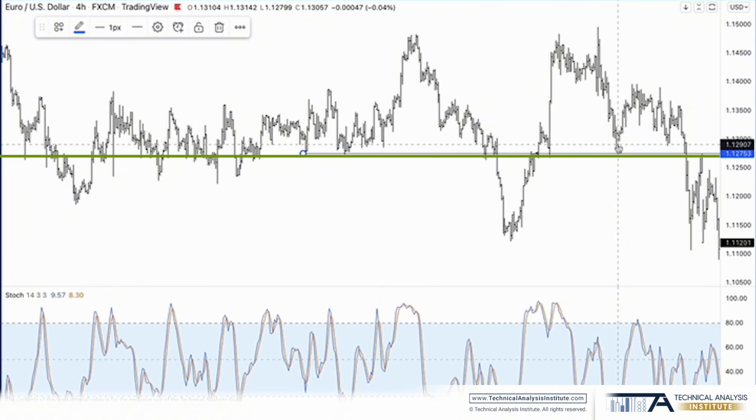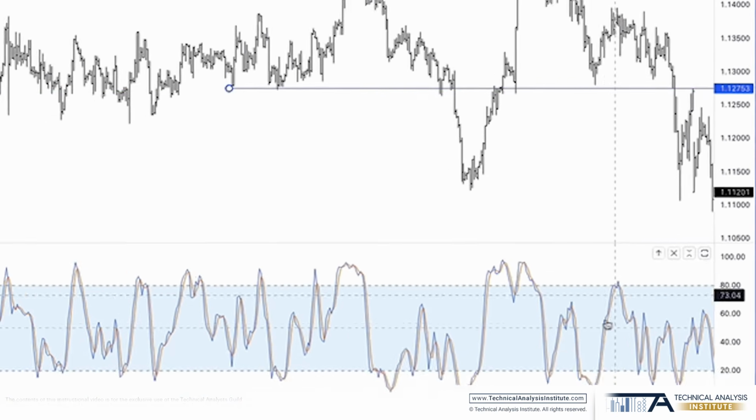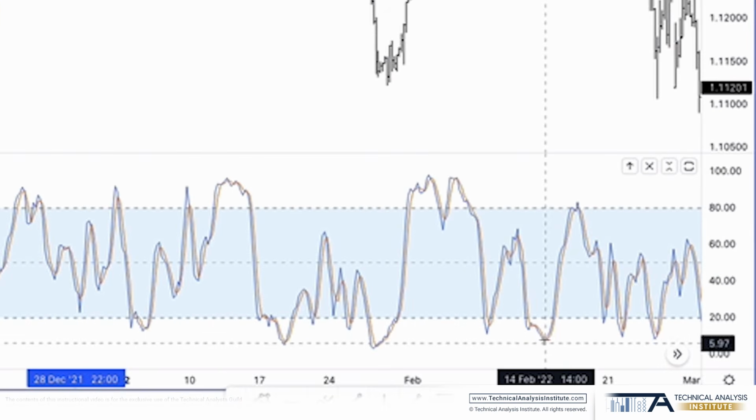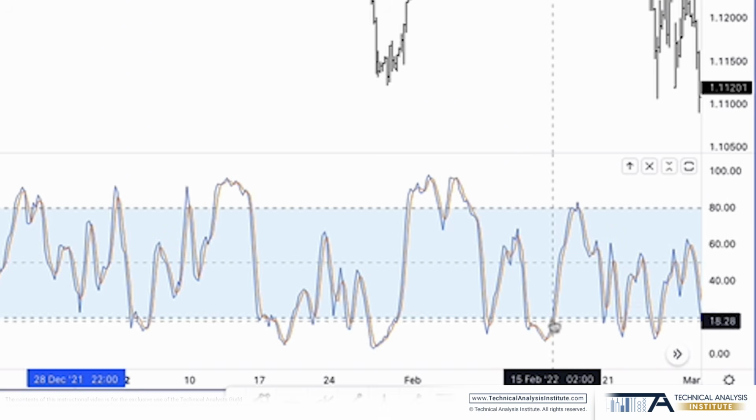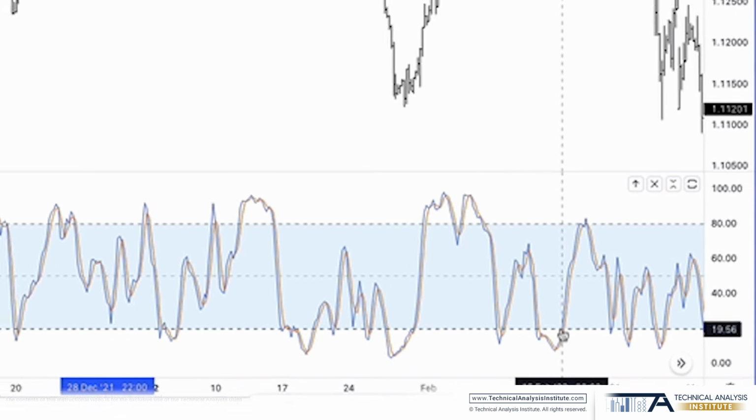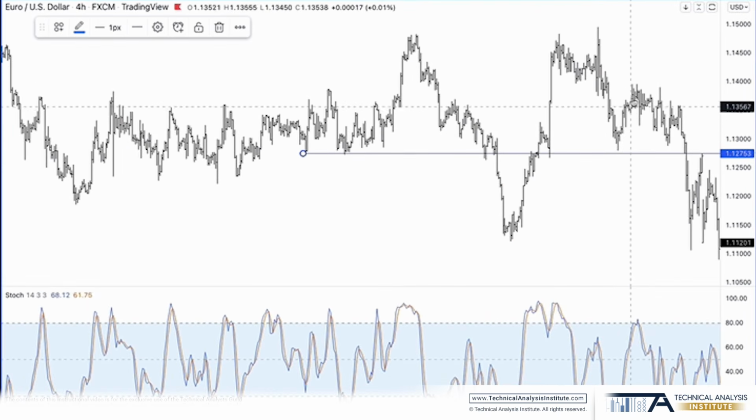And since we are above the area of support, then we still take the buy signals of stochastic. And here we have another one where the stochastic crosses again, and it actually penetrates the 20 reference line to the upside, and here we have another buy signal.